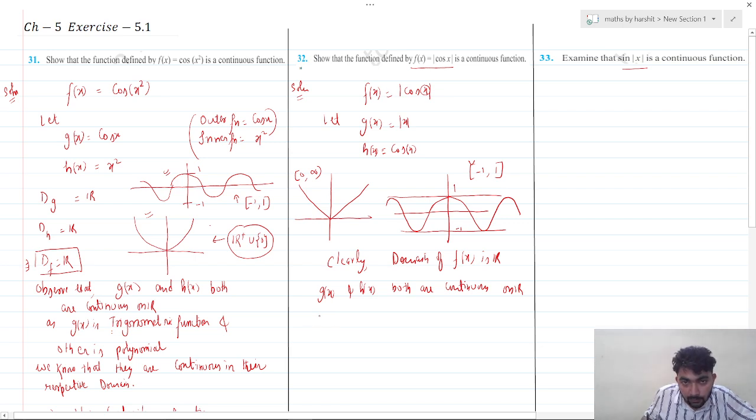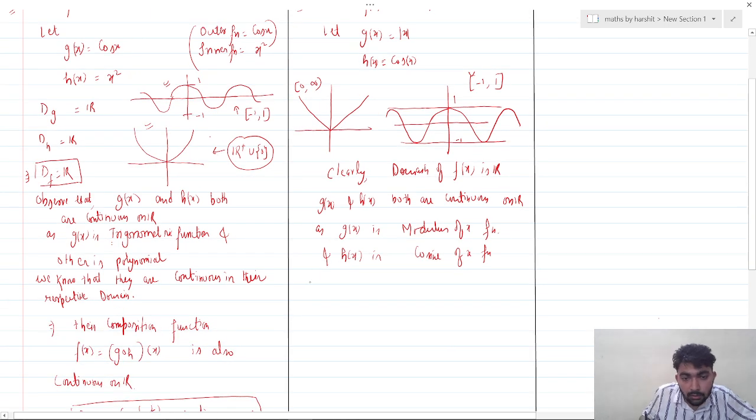Okay, as g of x is the modulus of x function and h of x is the cosine of x function, so it implies that their composition is also continuous.